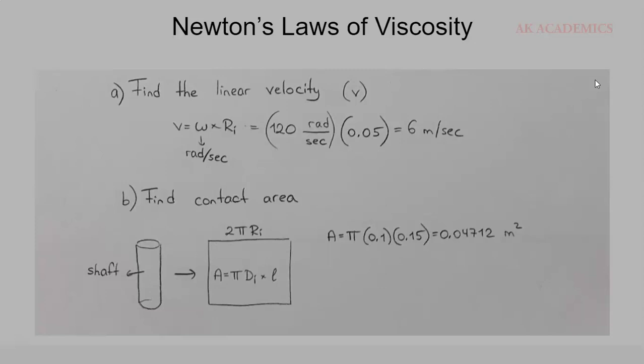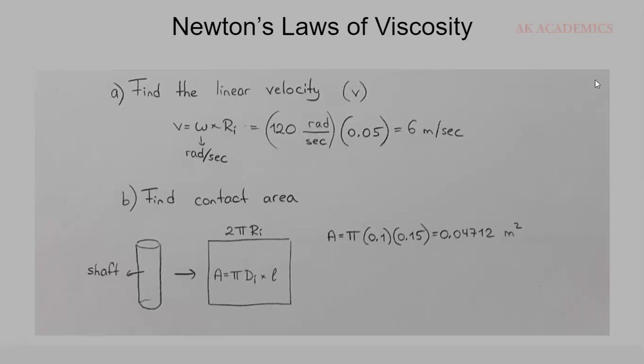Finding the contact area with the fluid is not going to be a big deal because we know that the area will be equal to 2 pi RL for the cylindrical shaft. And we know our R is equal to D over 2. The 2's will cancel out, so you're left with area equal to pi DL.